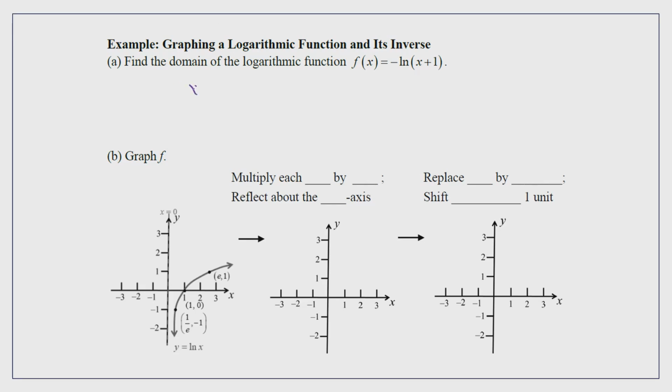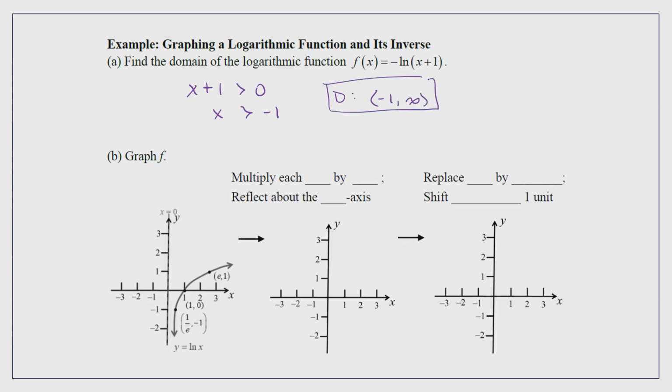So we're going to take x plus 1, set it greater than 0, and solve for x, so x must be greater than negative 1. So our domain is going to be from negative 1 to infinity.